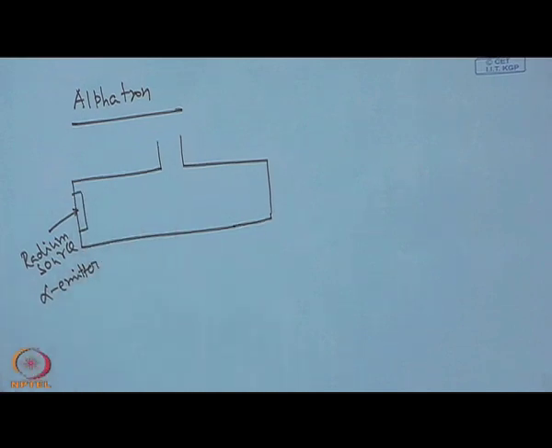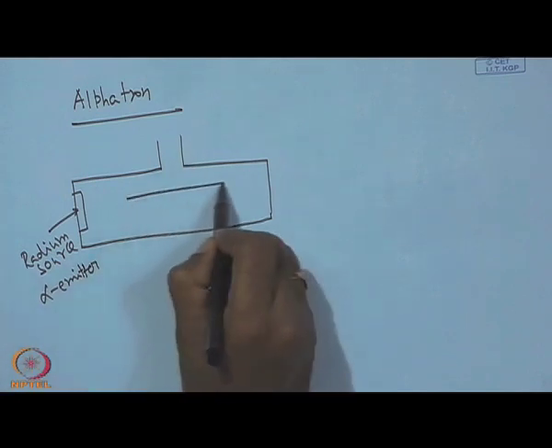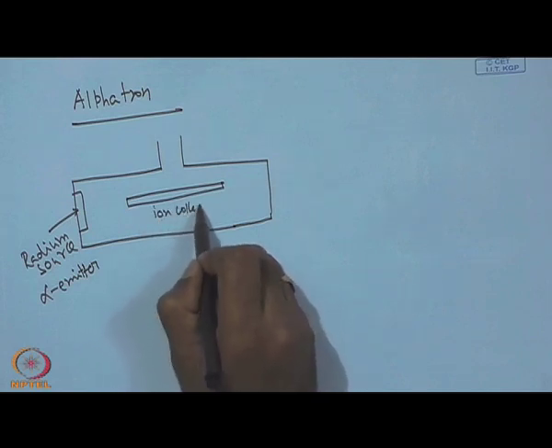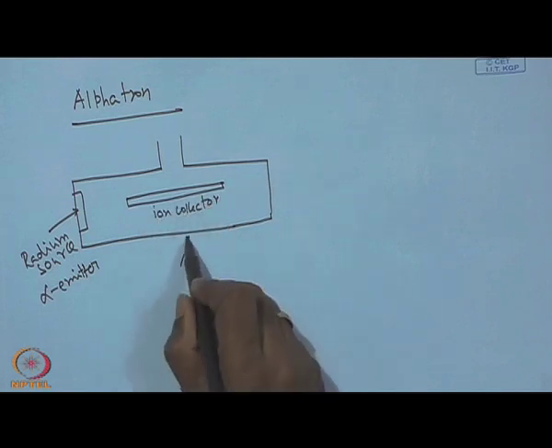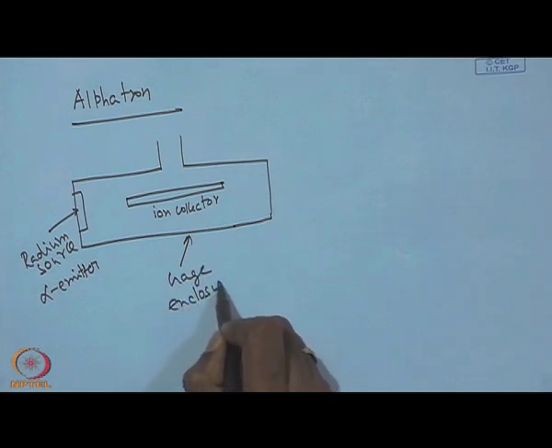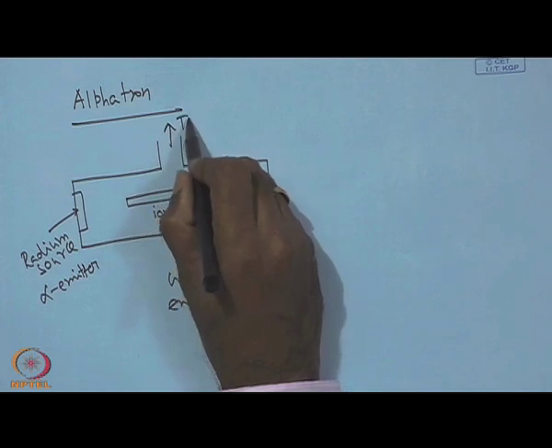The alpha particles will ionize the gas. So, we have ion collector, gauge enclosure, connected to vacuum.